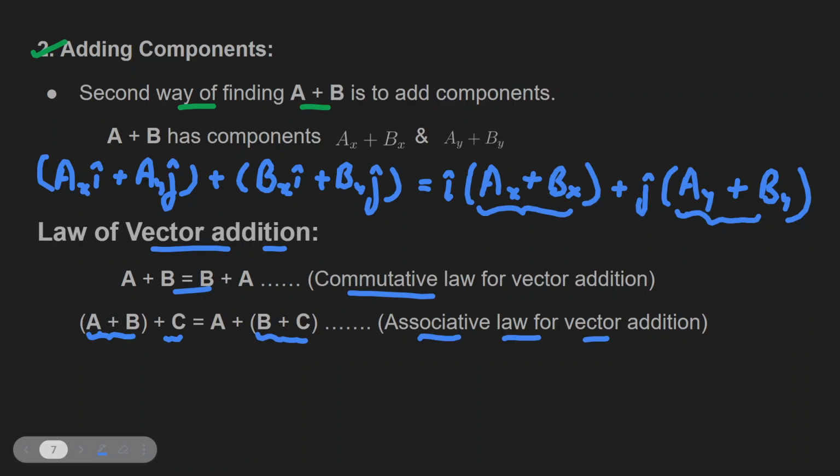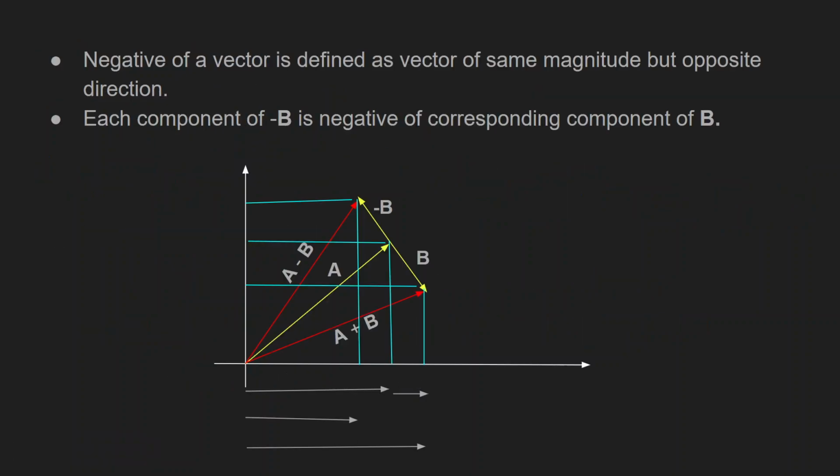Over here in the bracket I have A plus B, so I will first do A plus B and then add C to it, and over here I will do first B plus C and then add A to it, and the results will be the same. I can also do it as A plus C plus B, and still it will be the same. So this is the associative law for vector addition.